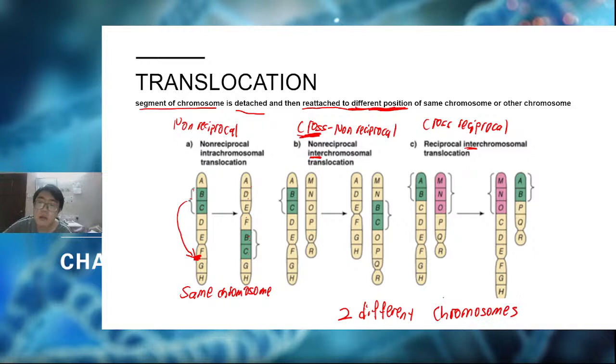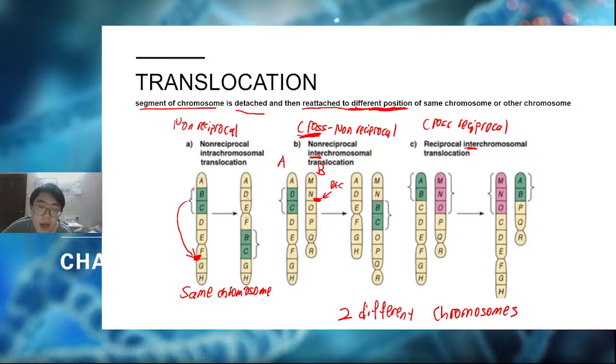So what is the difference? For non-reciprocal interchromosomal, this one is chromosome A and this one is chromosome B. From chromosome A, the B and C genes are detached and then inserted into chromosome B. So it inserts here. B and C have been inserted here.